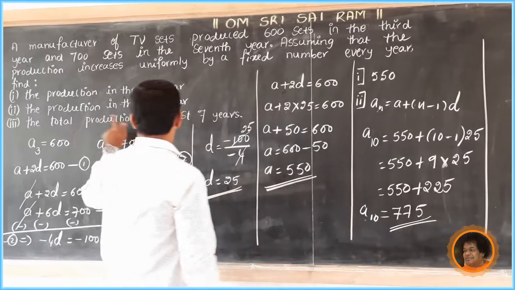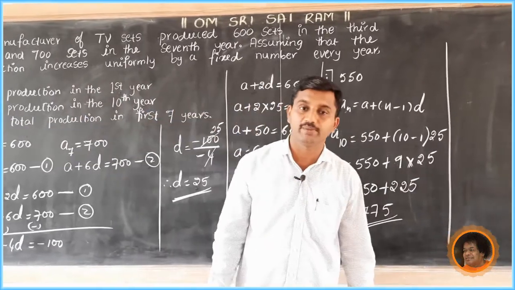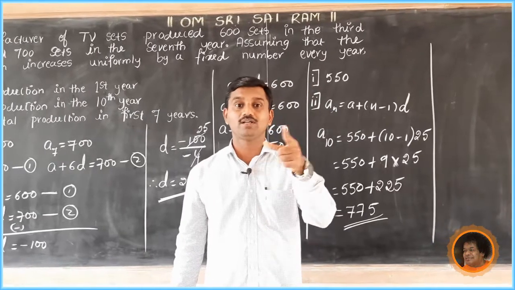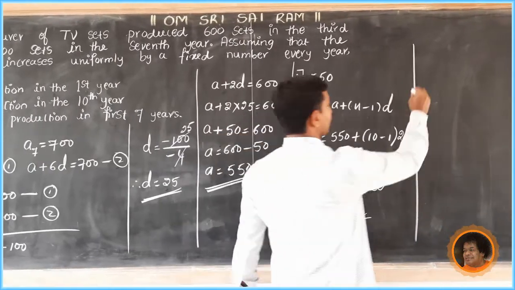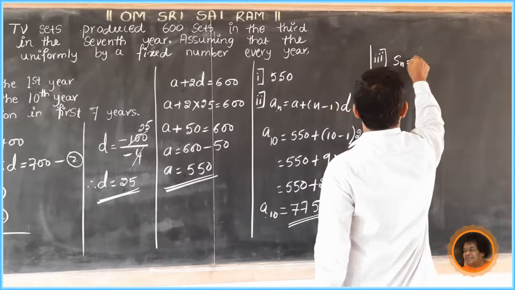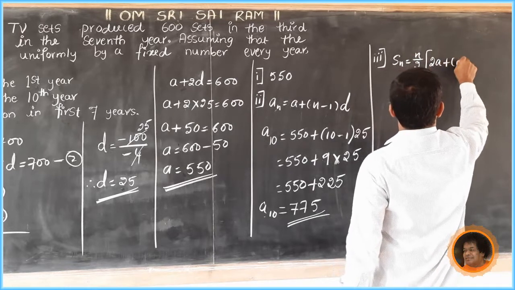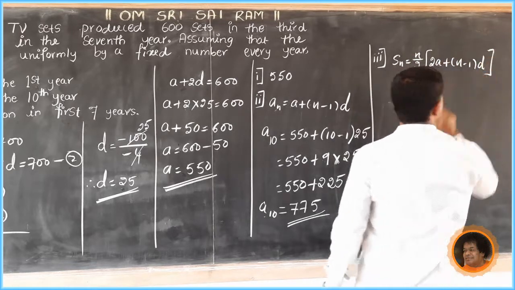Next, move on to the next question: the total production in the first 7 years. What is the meaning? Total means a sum, so you have to find the sum. For the third one, Sn equal to n by 2 into (2a plus (n minus 1) into d).